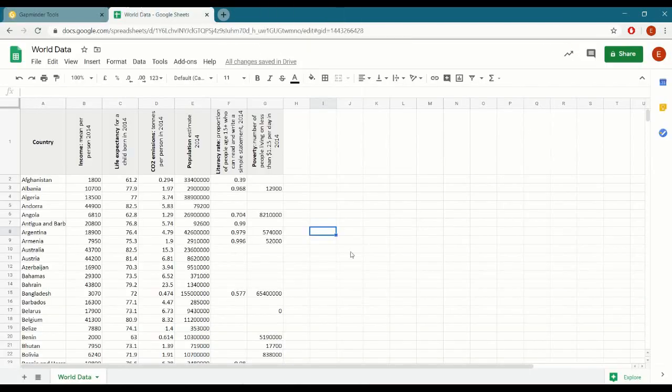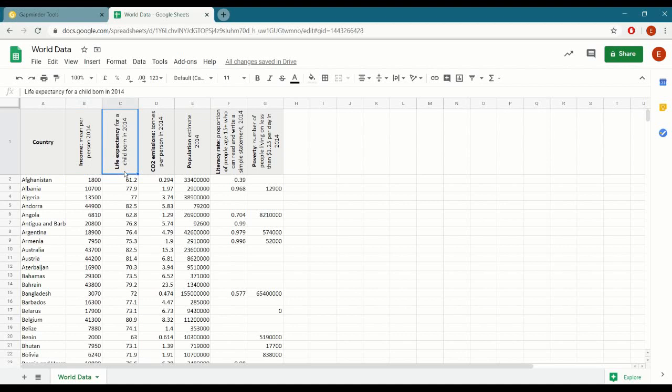I have here some other bits of data on those countries. We have the income and life expectancy that were shown in that graph, but I've also got CO2 emissions per person, population of the country, literacy rate, and poverty, the number of people in the country living below a certain poverty line. We saw on the graph how income and life expectancy were correlated.